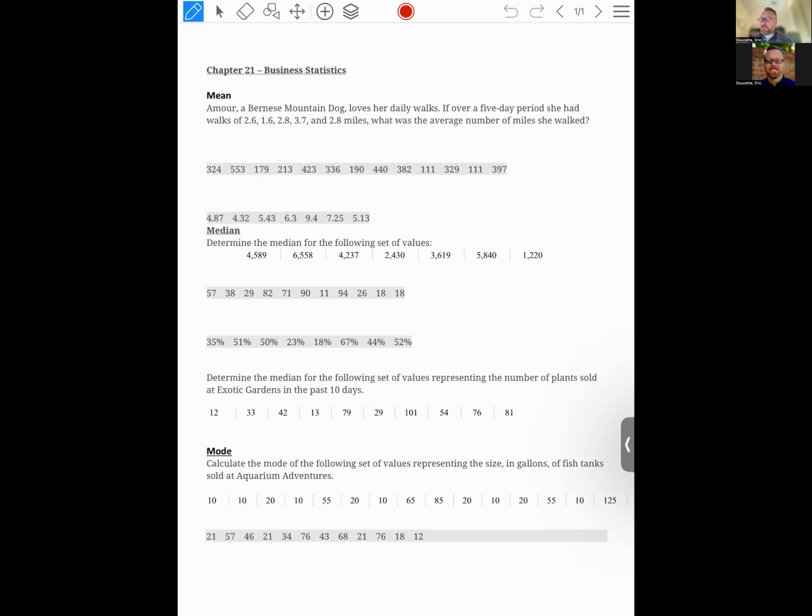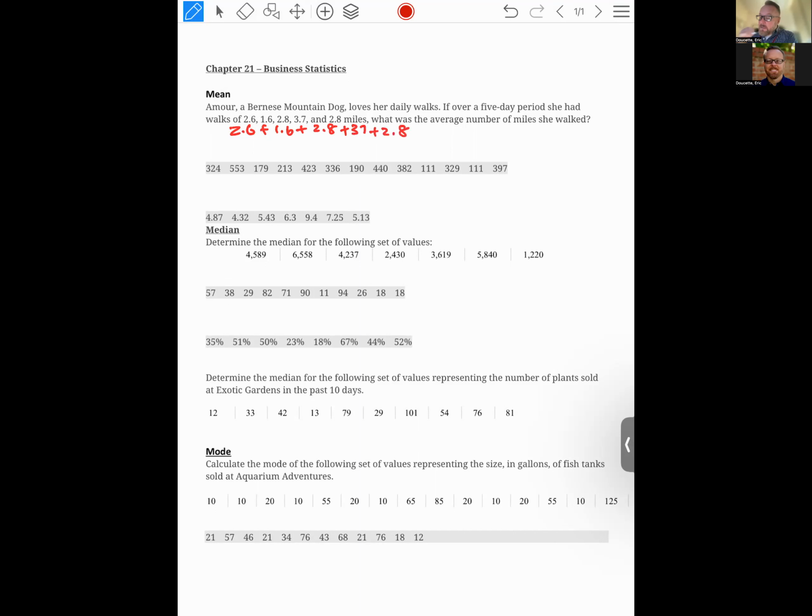So for instance, in this case, we have Armor, who is a Bernese mountain dog, and she loves her daily walks. If over a 5-day period she had walks of 2.6 plus 1.6 plus 2.8 plus 3.7 plus 2.8, that's 5 numbers.